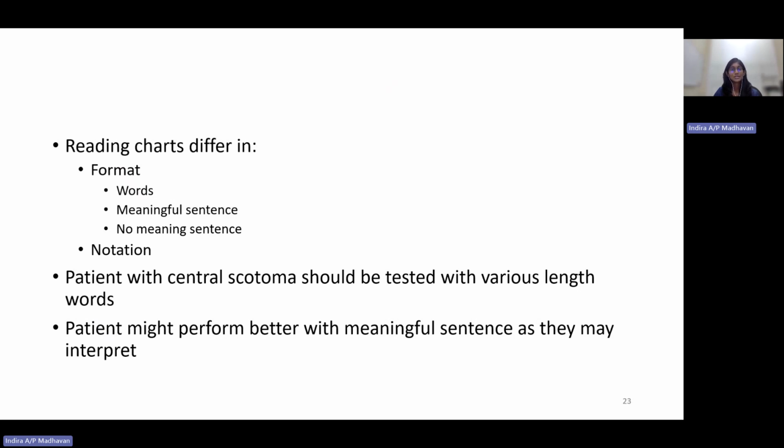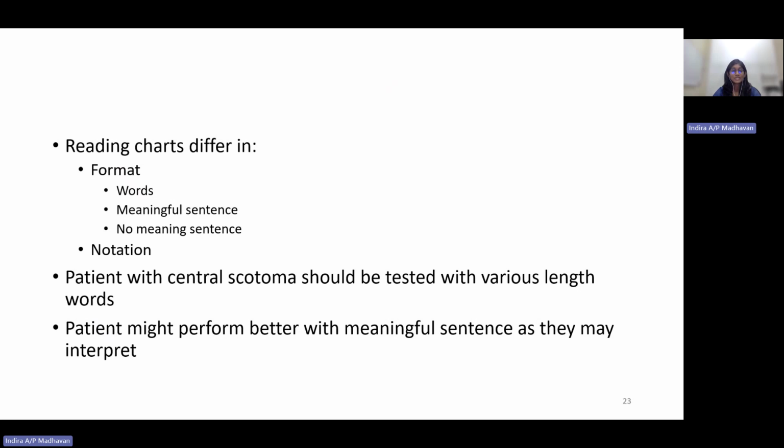The basic rule when it comes to this VA measurement is, if the patient comes for the first time, you record it in one notation. When the patient comes back next time, you record it in the same notation too. Then it will be easier for you to look at the progression. So that is about notation.